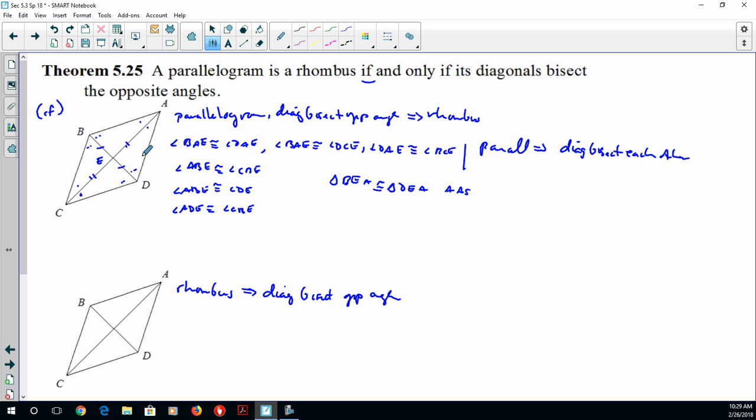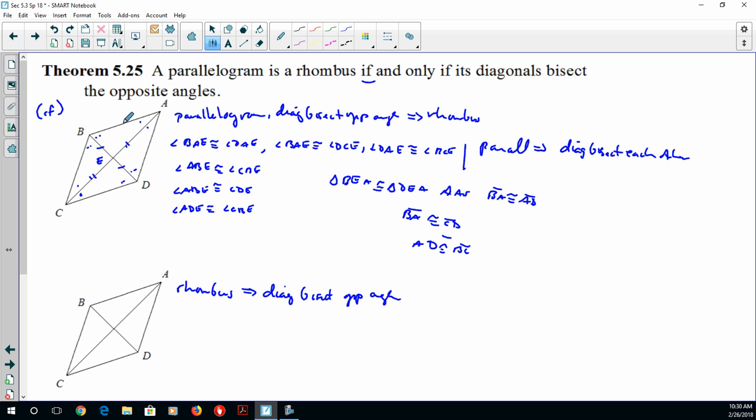And that tells us that BA is congruent to AD, but it's a parallelogram. BA is congruent to CD, and AD is congruent to BC because it's a parallelogram. So all of these guys are congruent. I've got more than I need to have in that one.